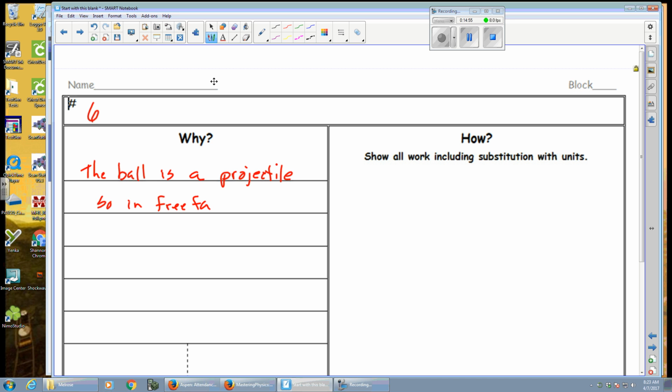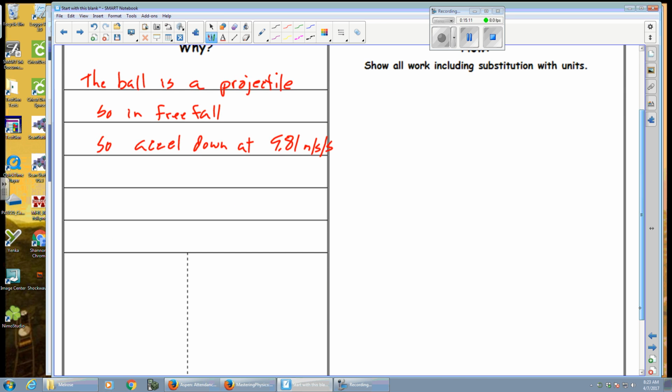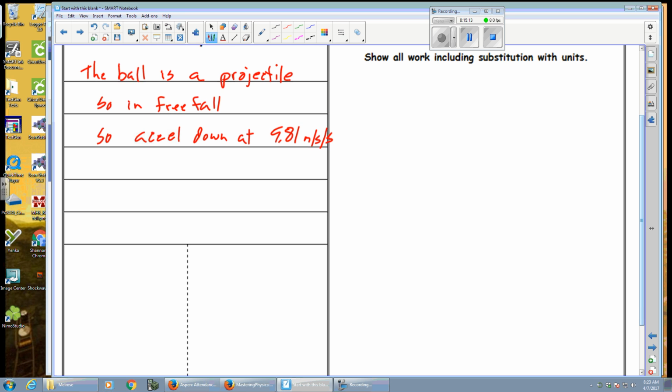So it accelerates down at 9.81 meters per second every second. And so here's the ball, with initial velocity in that direction.